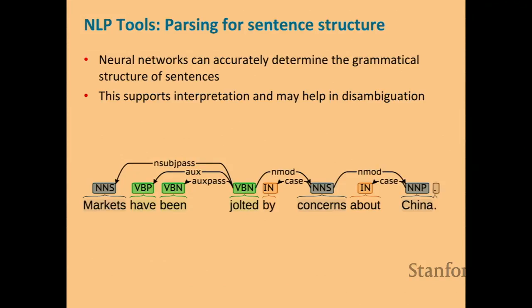So everything is a vector, and once we represent things as vectors, we'll also use neural networks to understand grammatical structure. Here's an example of what such a grammatical structure might look like, and it actually comes from the Stanford NLP parser, which is a neural network architecture as well. Here the sentence is, markets have been jolted by concerns about China.